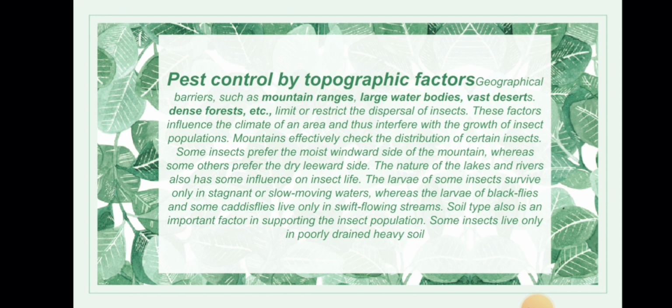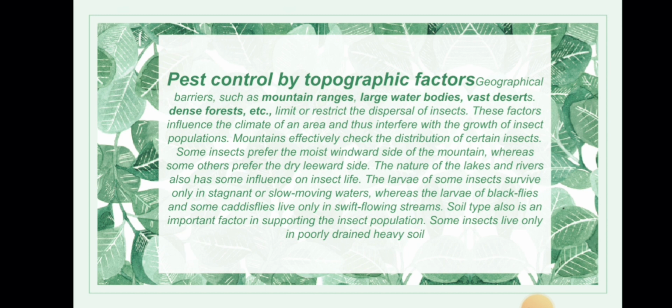So everything is opposite to each other. Some pests always like leeward side conditions, while some may prefer the windward side. So it enhances or restricts the population of the pest.